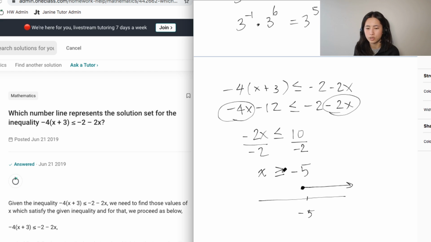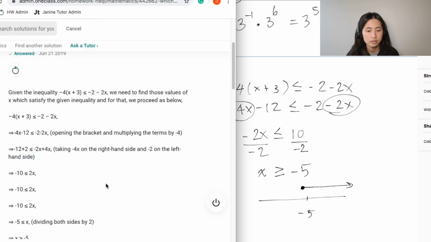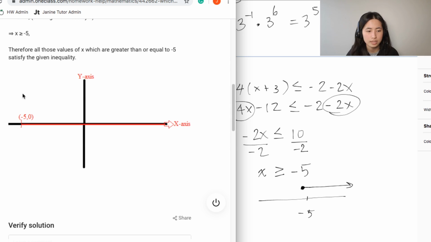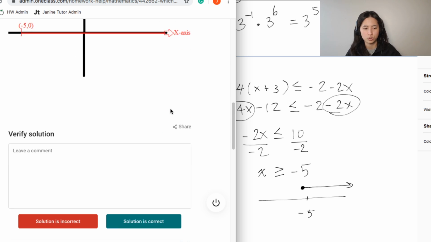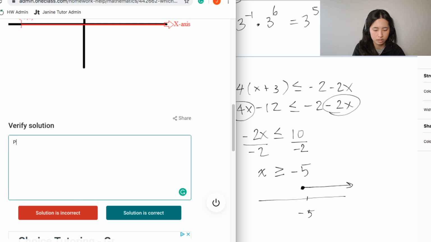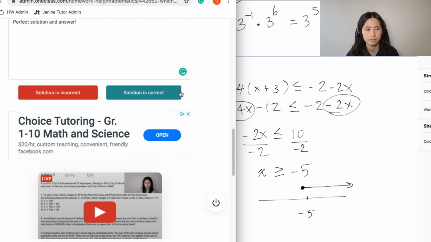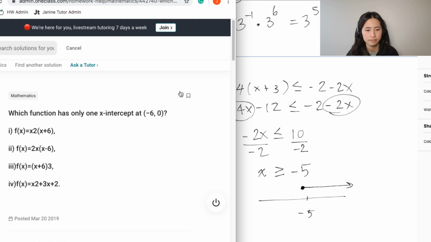And this is going to be greater than, so it's after negative 5 on our number line. So this is, as you can see, the graph. And this is true, so perfect solution and answer. So the solution is correct.